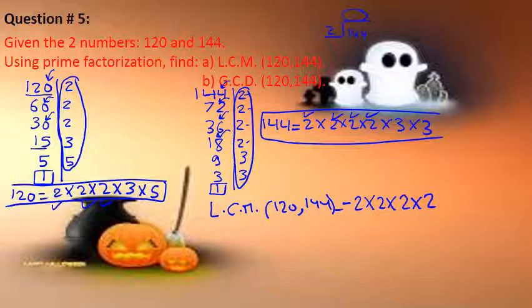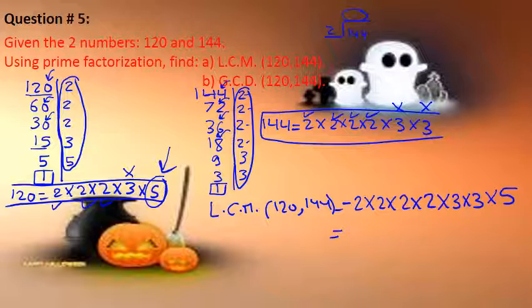Now in 120 we have 3 one time, and here we have 3 two times. Which is more? 3 two times, so we take 3 two times. Now we can see in the tree of 120 that we have the prime factor 5, which is not found in 144. So for us, 5 is a not common prime factor. We take it in the LCM.